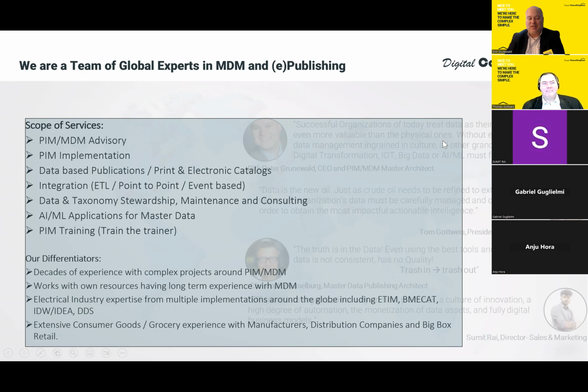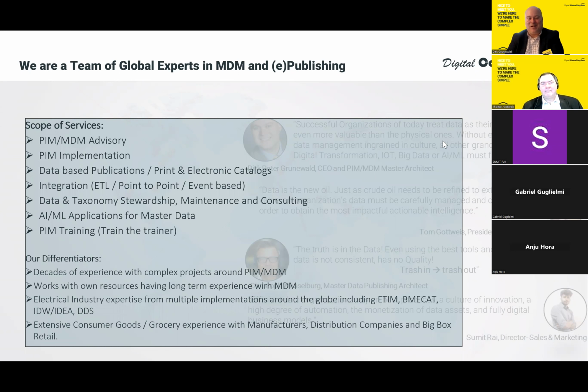So subjects like ETL, Informatica PowerCenter, Kafka, Talend, to name a few technologies, are not foreign to us. Also taxonomy stewardship, taxonomy strategy, taxonomy maintenance: these are subjects where we help.